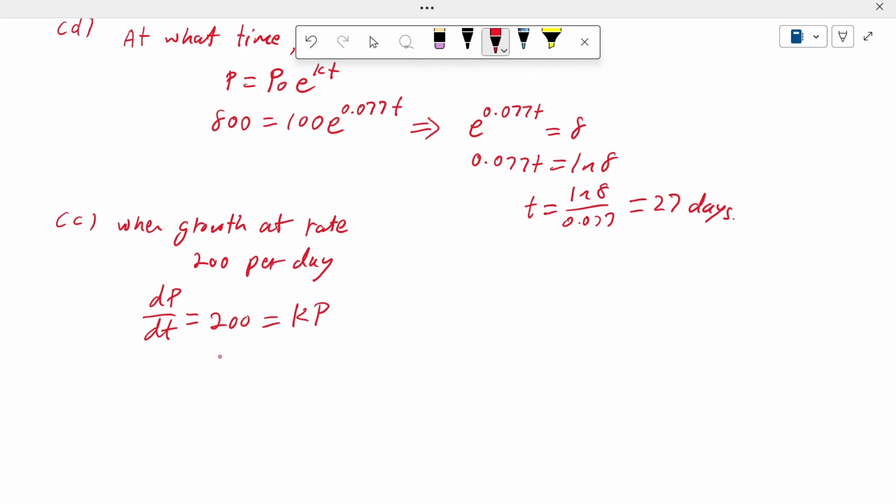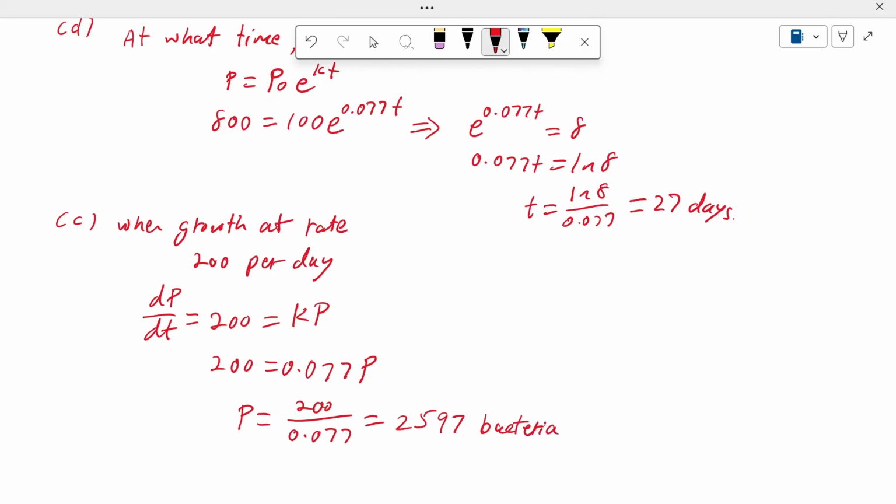So 200 will be equal to 0.077 P. Solving for this, we have 200 divided by 0.077. Then we roughly get this amount of bacteria in the colony.